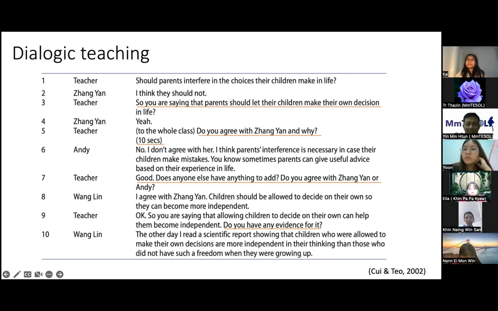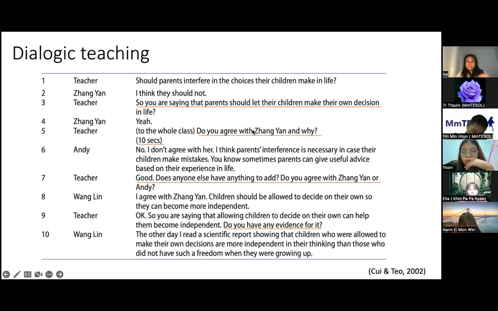So the teacher is rephrasing the student's idea, which shows that the teacher is engaging and listening to students' ideas respectfully. After that, the teacher moves to the next question: do you agree with Thein and why? So the teacher is practicing students' reasoning skills and trying to involve the whole class in the discussion.